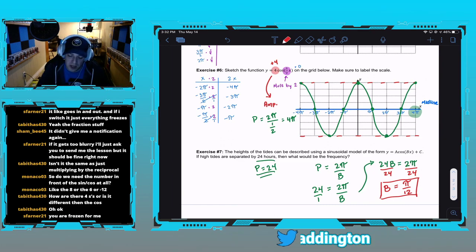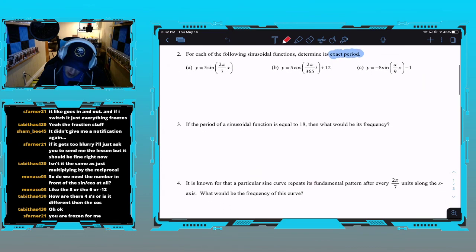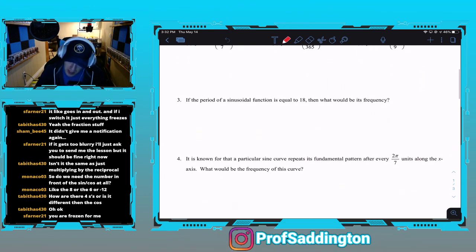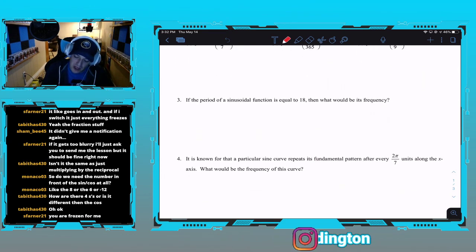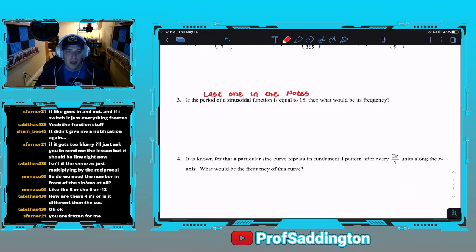So this one, I think there was one question like that one on the homework. It was on the front page, I believe. Yeah, so in number 3. So number 3 is like the last problem in the notes. Okay.